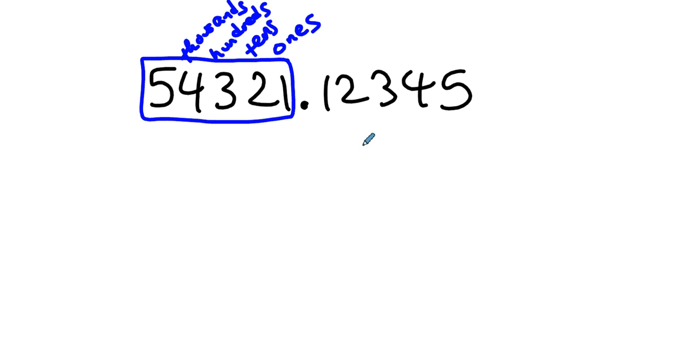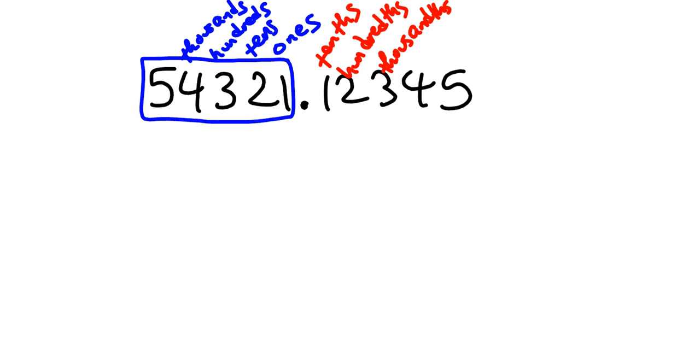On the right side of the decimal point, these are your decimal places. You have your tenths place and your hundredths place and your thousandths place and so on. I will note there is no oneths place. It's tenths, hundredths, thousandths, and so on.